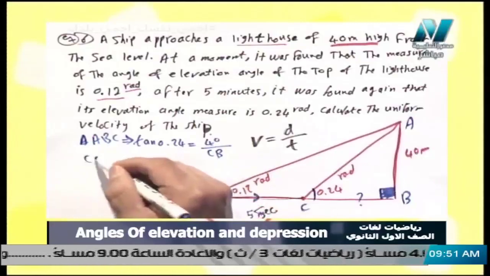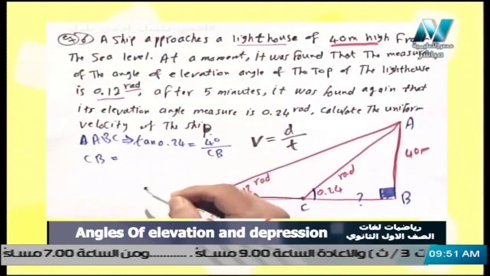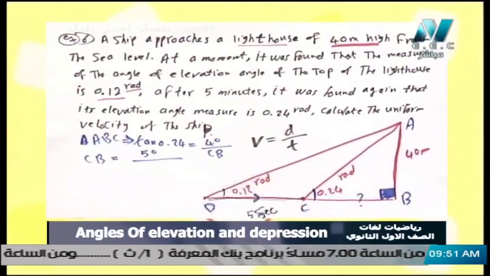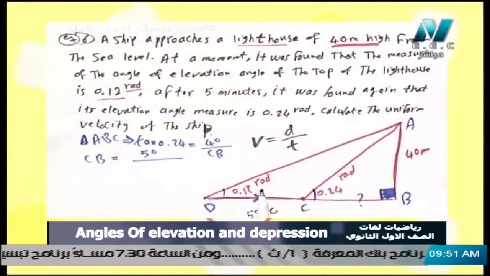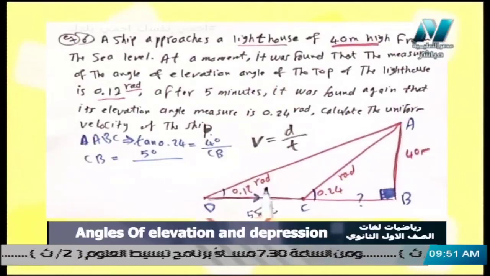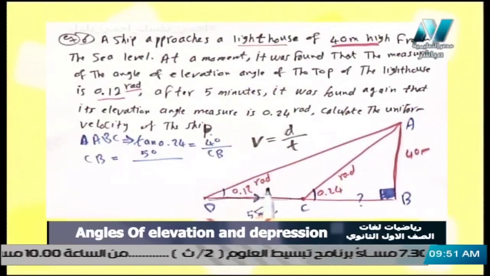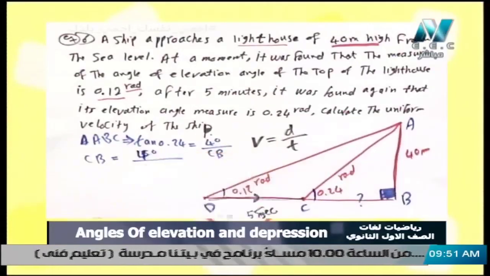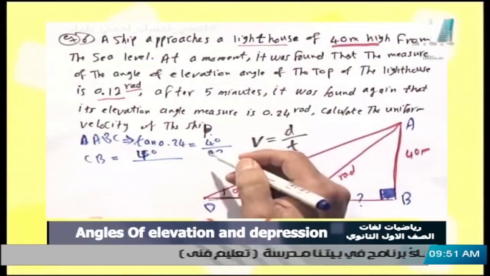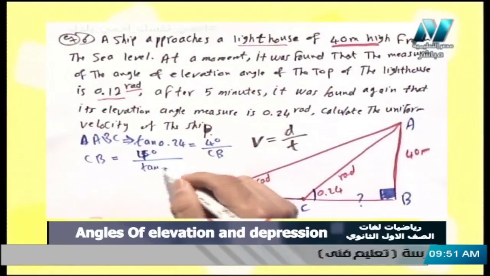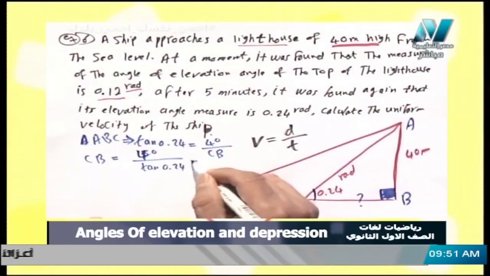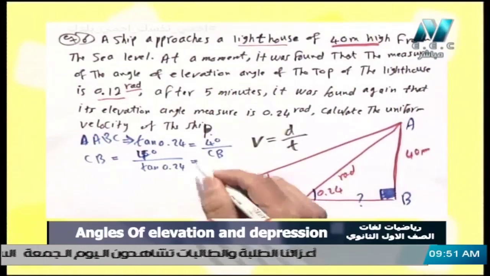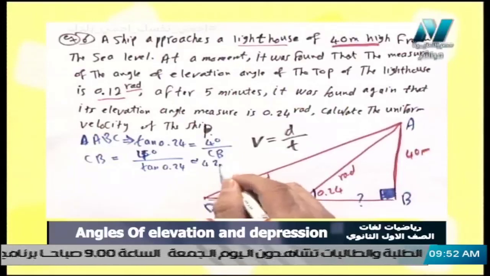So CB equals 40 over tan 0.24 rad. The answer will be approximately 42.7 meters.